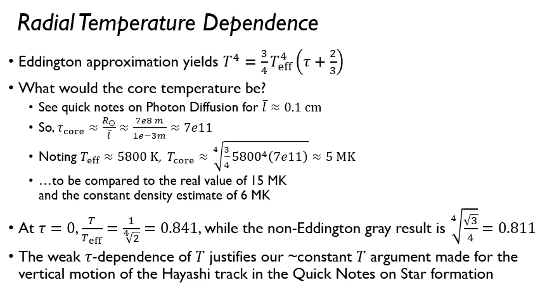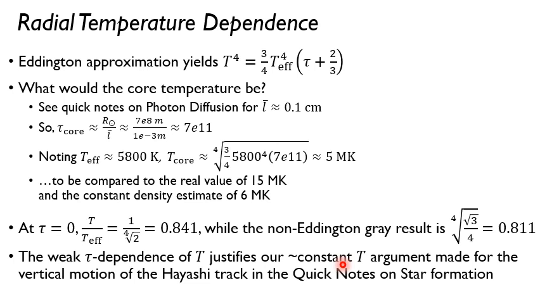And then one more thing that we can look at with the radial temperature dependence is that we're saying here with this approximation that the temperature dependence with the optical depth is actually pretty weak, right? So temperature doesn't change that rapidly as a function of depth. So remember when we looked at the quick notes on star formation, we said that the temperature was roughly constant in the photosphere, and that's what you need in order to have your Hayashi track to be roughly vertical.